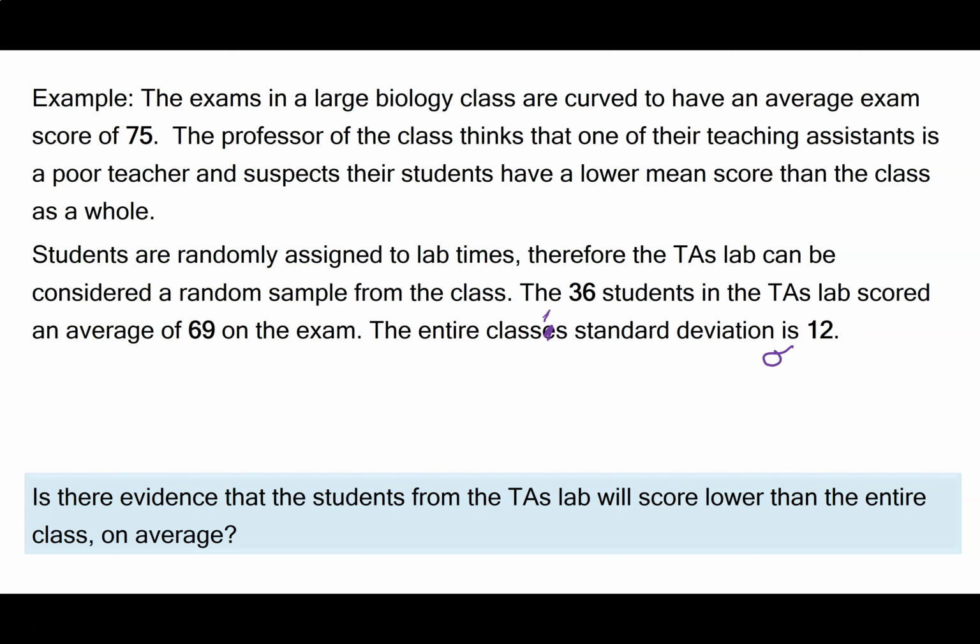So this is sigma, and this is x bar. This 75 is the average for the entire class, and n is 36. So is there evidence that the students from the TA's lab will score lower than the entire class on average? Very, very important, the average part.